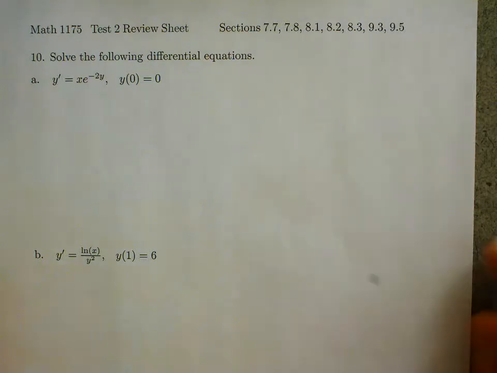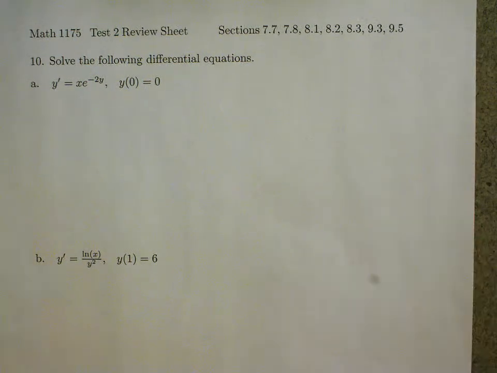Okay. And number 10, solve the following differential equations. So there are two kinds of differential equations that we've discussed. One is a separable differential equation, and the other one is a first order linear.